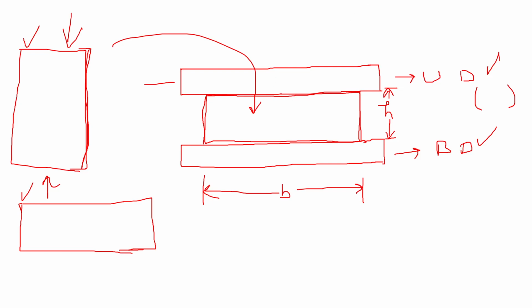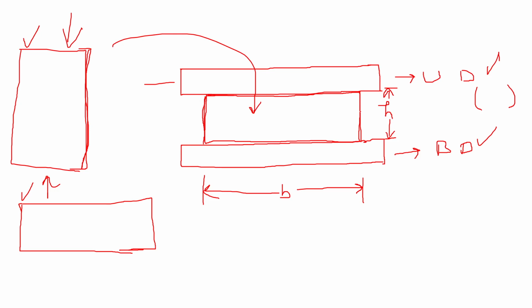That is, the reduction will be uniform at any cross section of your rectangular block. But practically it is not possible. Why? Because practically zero friction is not possible. If we assume low friction, then there will be low variation in the cross-sectional area. But what if your friction is very high?